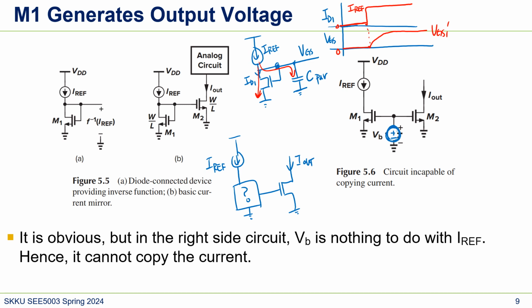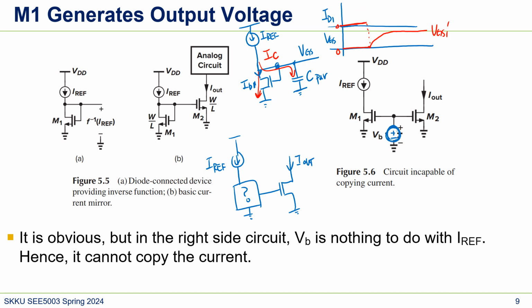Actually, let me just rephrase this. So this one should be IREF. Let's say this is ID1, and this is, let's say, C. ID1 is not going to IREF immediately.